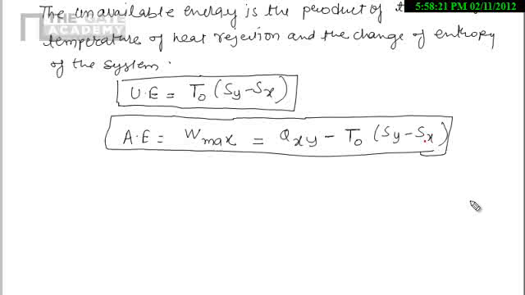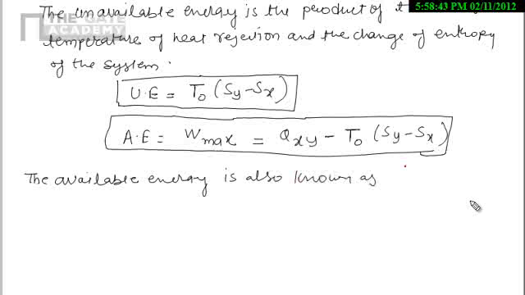The available energy is also known as exergy, and unavailable energy is also known as anergy.